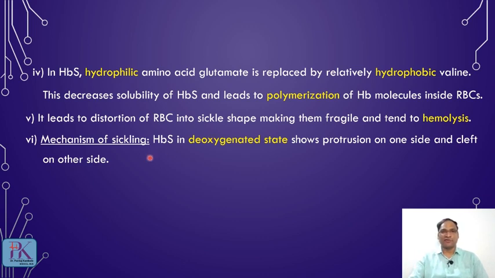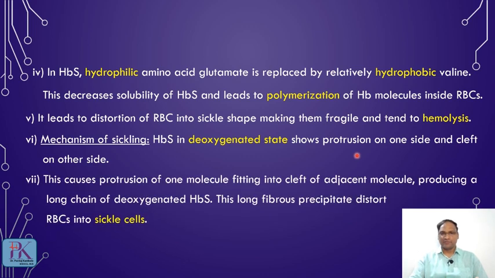So what is the mechanism of sickling? Always remember, sickle cell anemia can be asked in your SAQ also, for 5 marks. Sickling occurs in the deoxygenated state. In the deoxygenated state, HbS shows protrusion on one side and cleft on the other side.